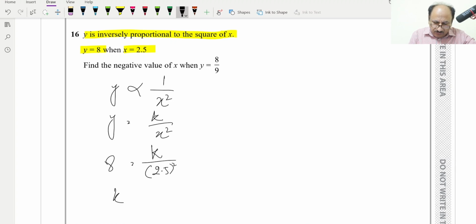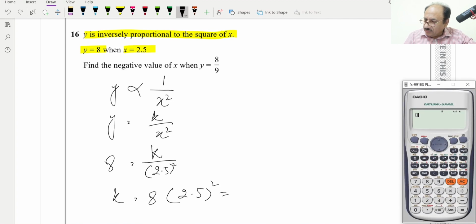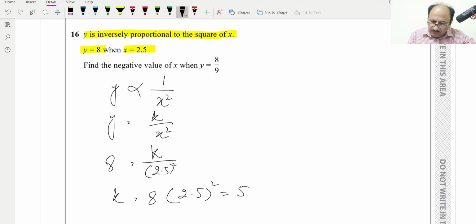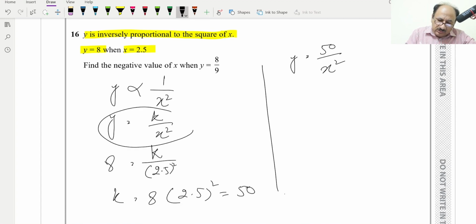So the k value will be equal to 8 multiplied by 2.5 squared, and this is equal to 50. So the k value we found is 50. So y is equal to 50 over x squared. In this equation we have replaced the value of k.